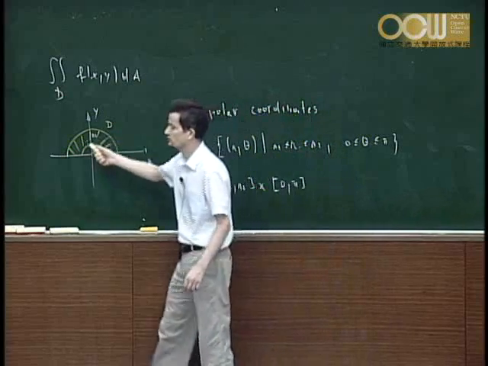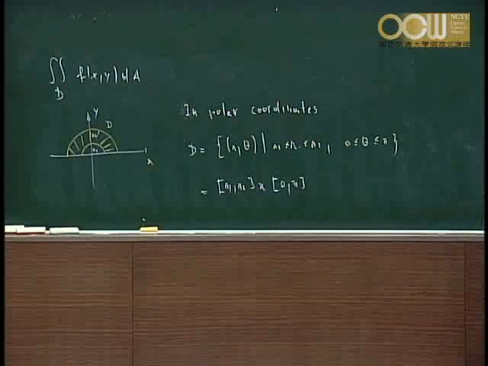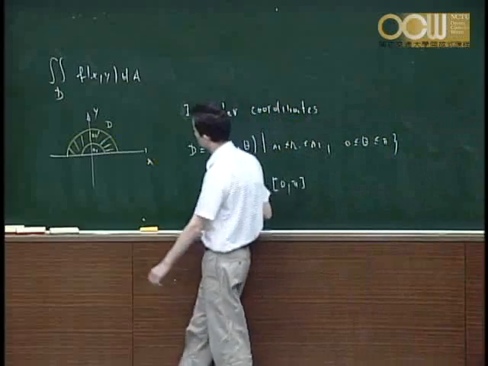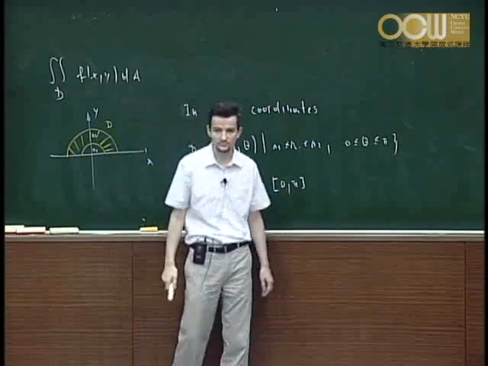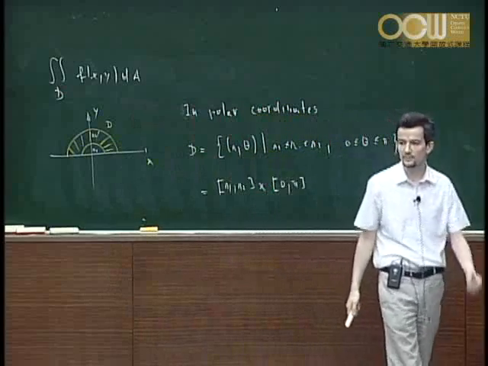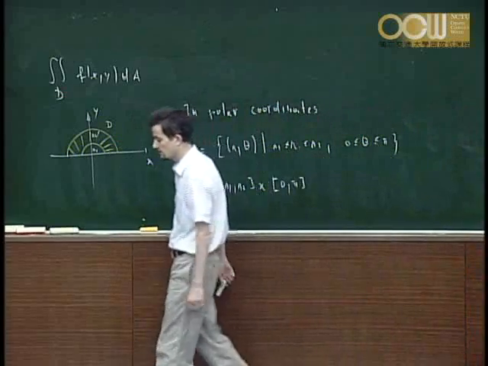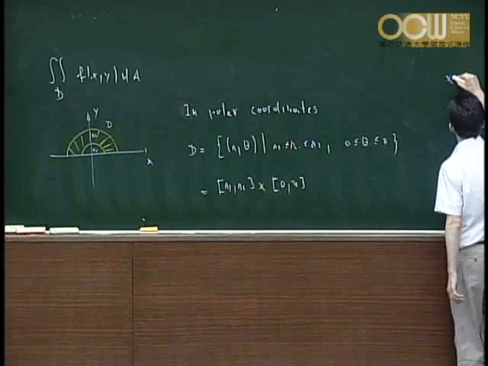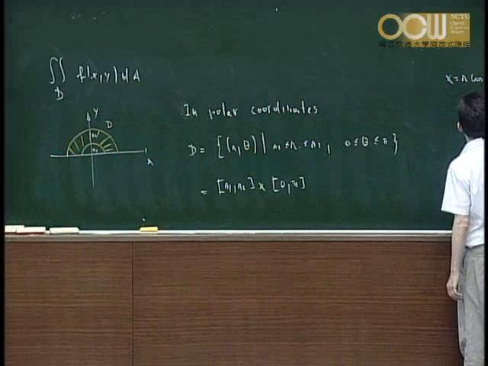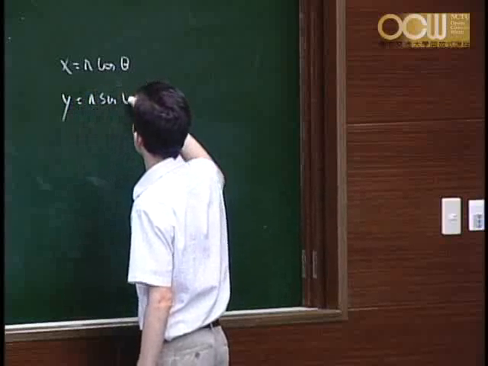This kind of region is not very complicated in Cartesian coordinates either, but in polar coordinates it becomes much easier. That's why you might be interested to know what will happen with the double integral if you change from Cartesian to polar coordinates. We know that x is r times cosine theta, and y is r times sine theta.